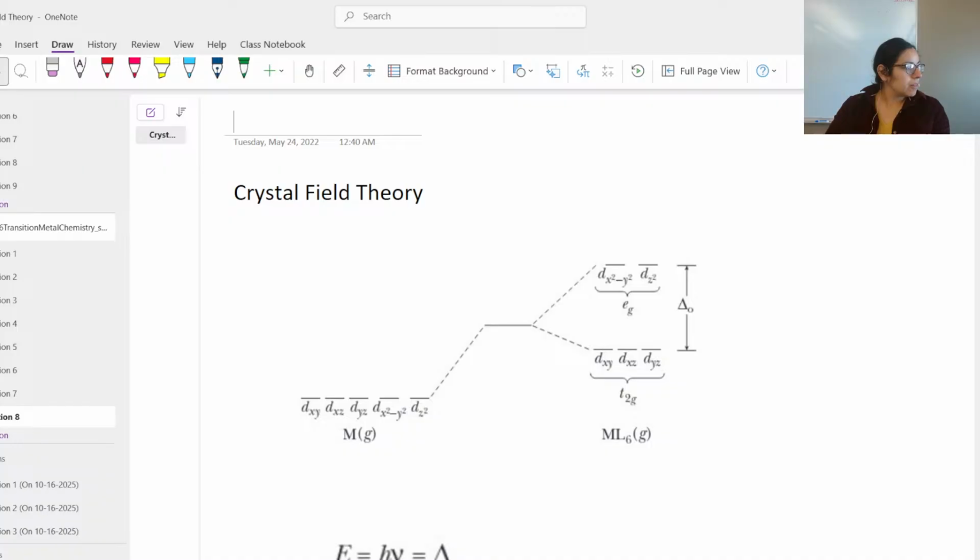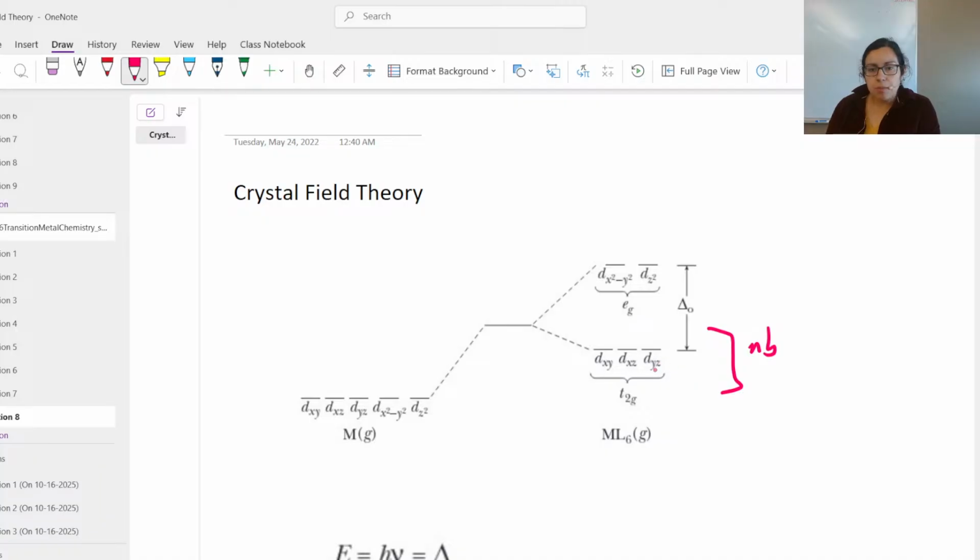All right, so now we're going to take a baby look at crystal field theory here. Crystal field theory gives us our HOMO-LUMO gap generally with our metals. When we're looking at this, we're only looking at a small piece of our MO diagram, right? We're just focusing on our d orbitals.